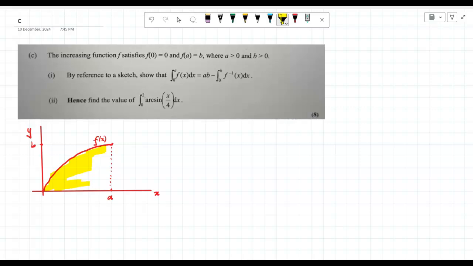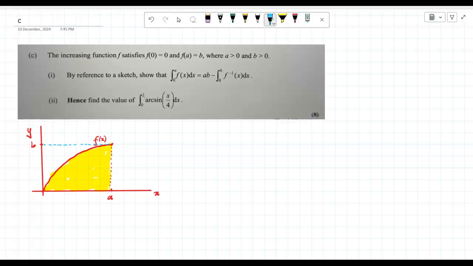So this is my left hand side. Left hand side is this area. Now this makes so much sense. ab is the full area, the area of the rectangle. Correct. So how would you plot the f inverse function?